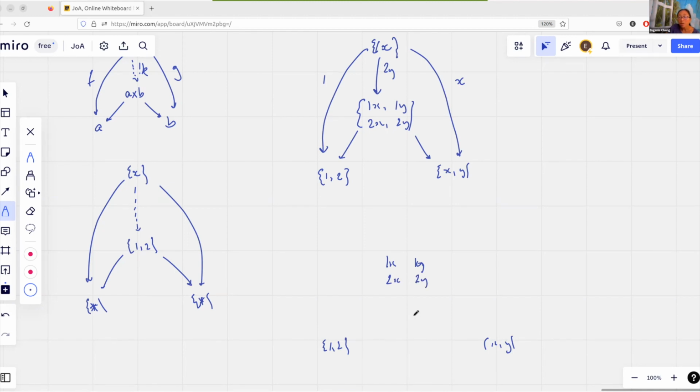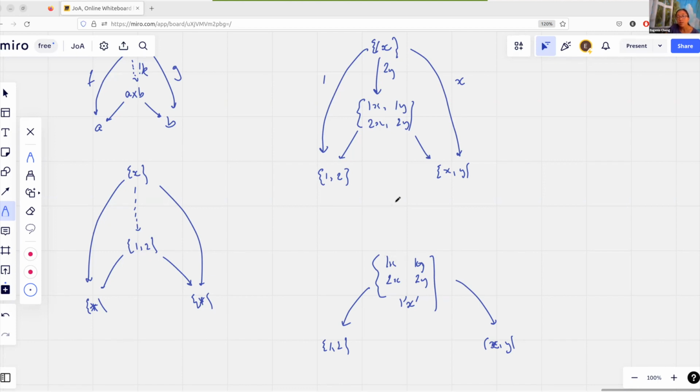But I am going to throw in another object, and it's going to be called 1 primed x primed. So in this direction, 1 primed is going to go to 1, and x primed is going to go to x. Right, so x primed is like a rogue extra copy of 1x.